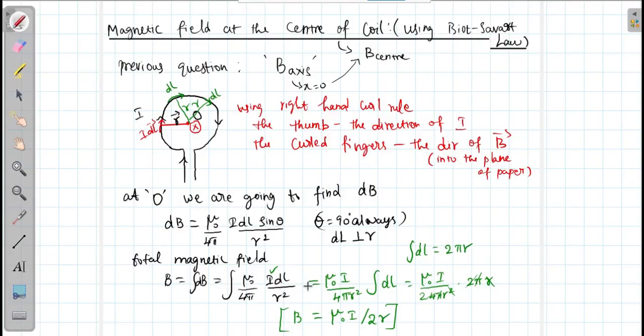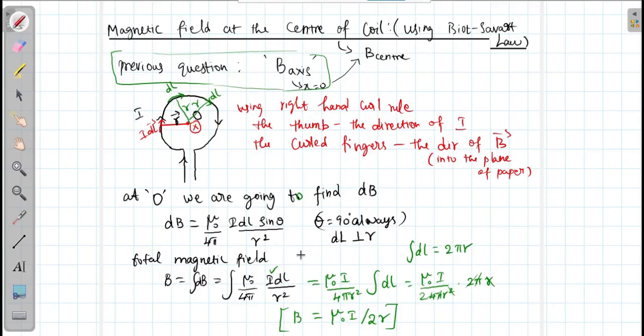In that particular case, theta is 90 degrees, but we had something called vector resolution. That process we discussed. This one, it is not needed. So this is the answer.